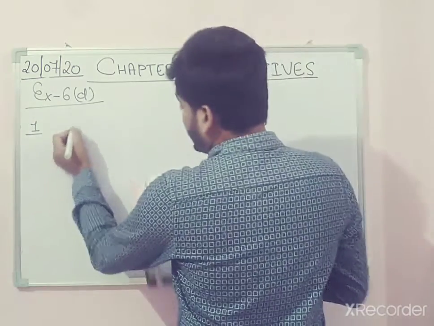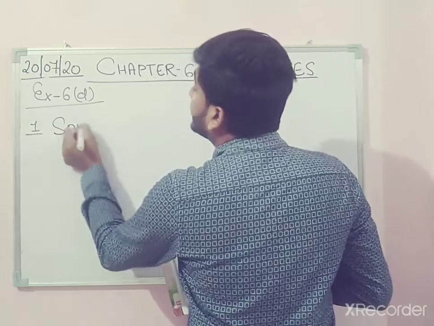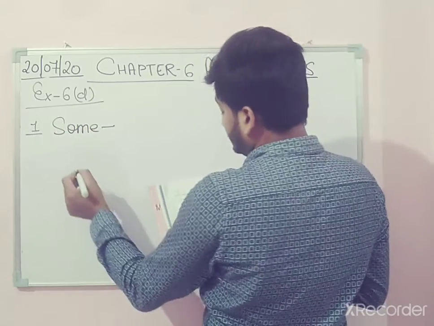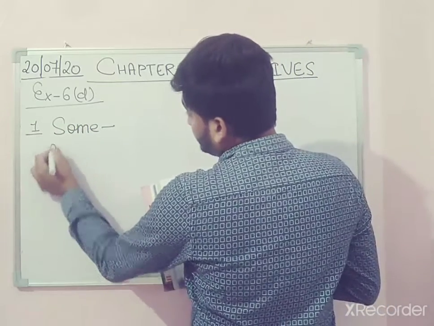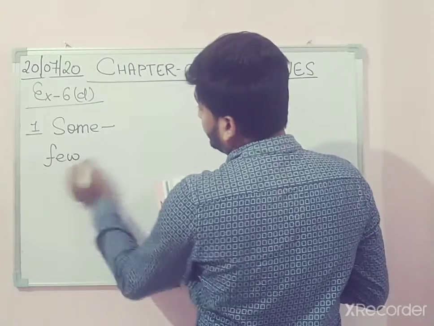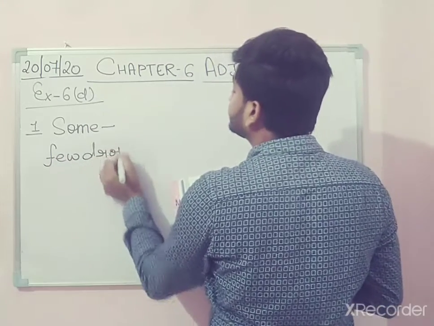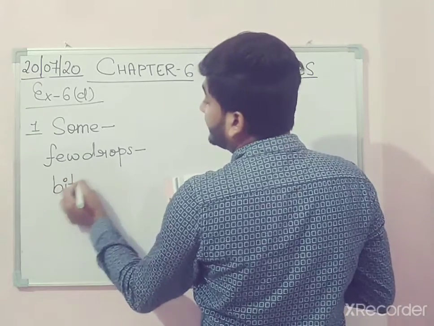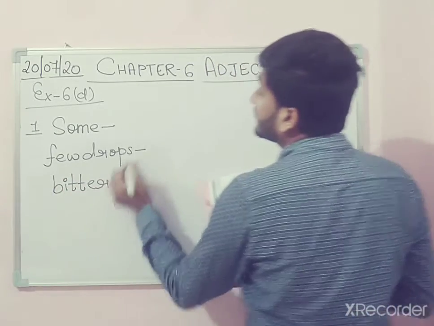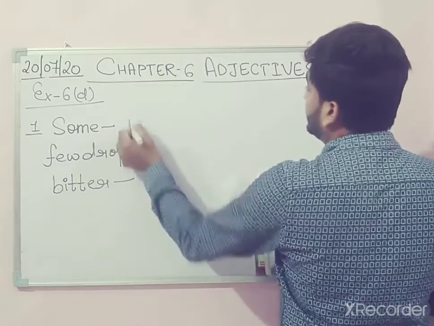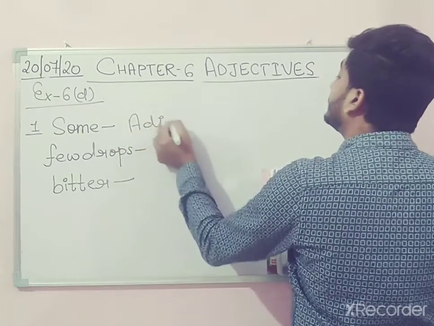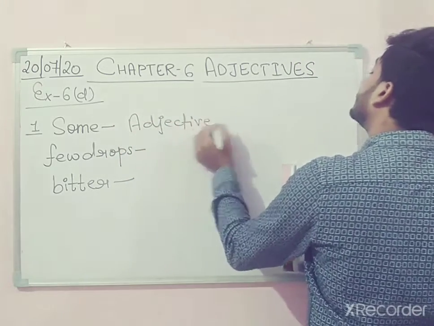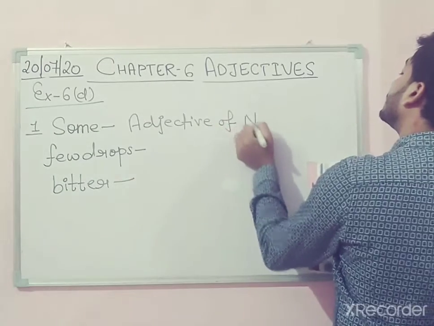Number 1 is: Some children had a few drops of bitter medicine. The first is, how many children? Some children. How much drop? Few drops. What kind of medicine? Bitter medicine. How many? That means adjective of number.